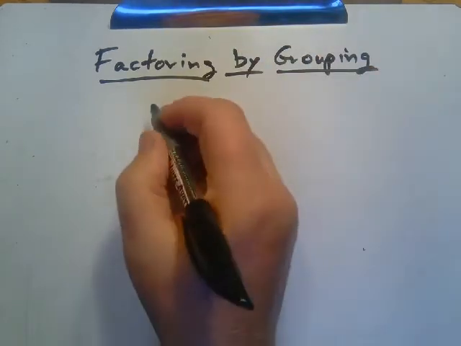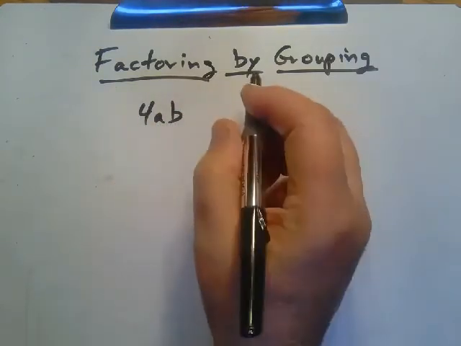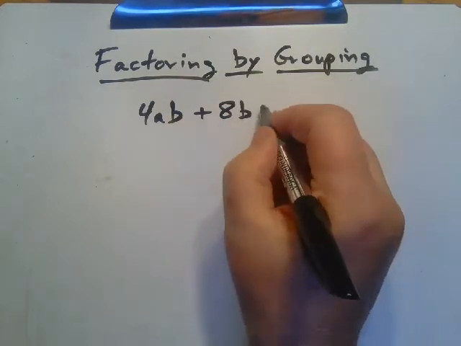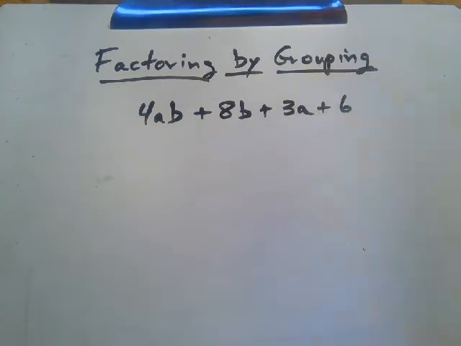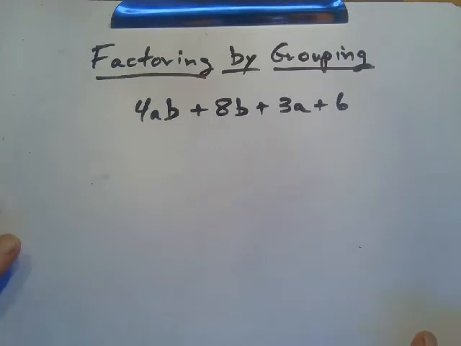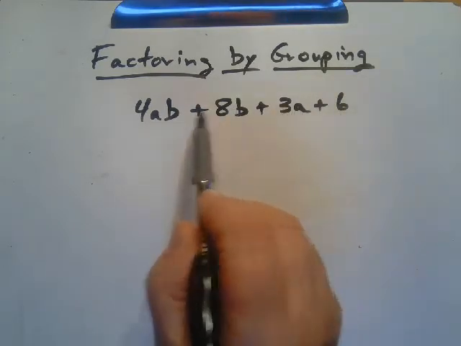So, for example, let's do a simple problem: 4AB plus 8B plus 3A plus 6. The first thing we have to do is recognize when we need this tool, just like you have to recognize when you need a slotted screwdriver and when you need a Phillips screwdriver.